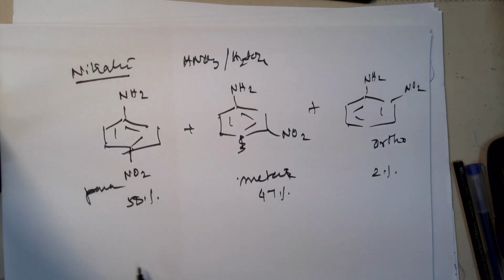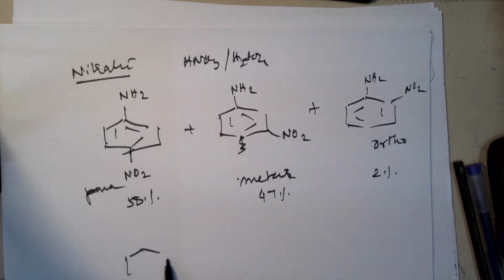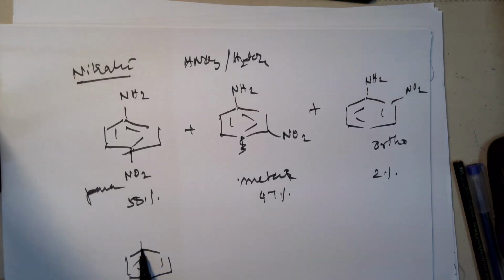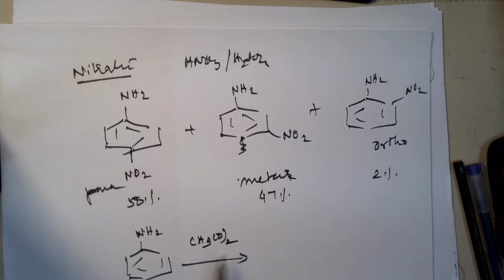And this aniline, NH2, can react in acetylation. Acetylation means we can use acetic anhydride, (CH3CO)2O, otherwise CH3COCl.